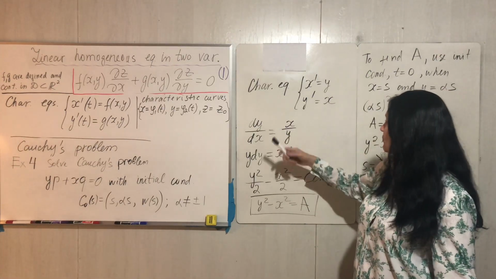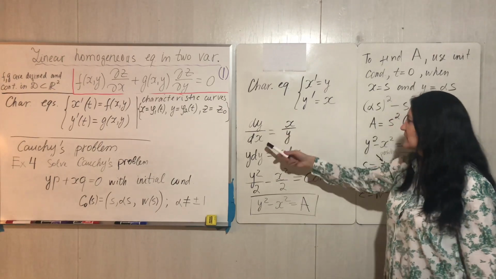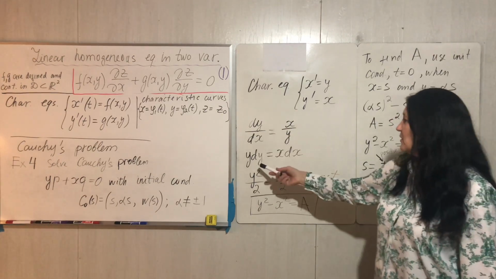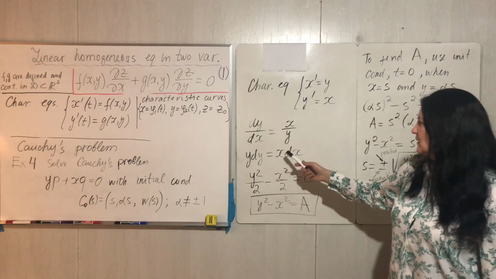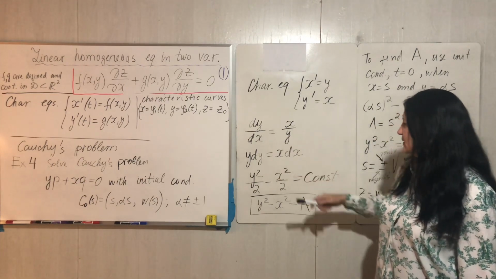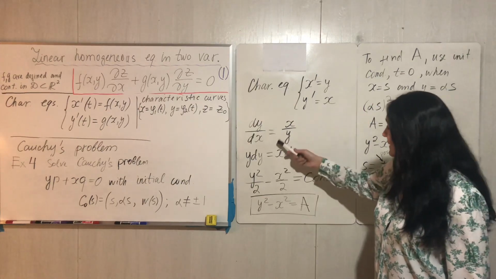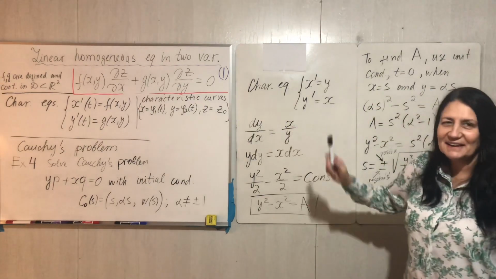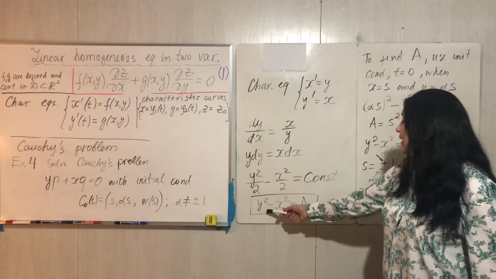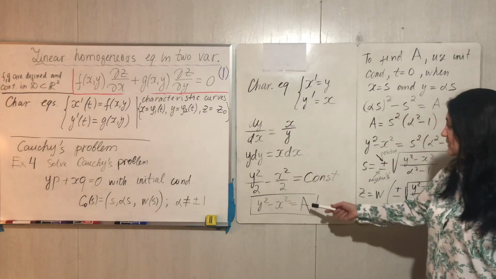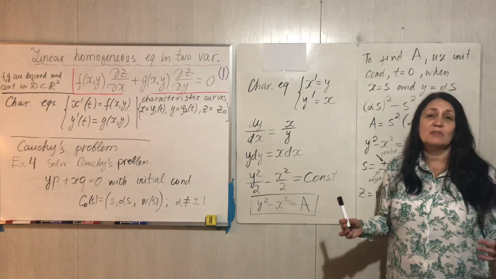So for instance, if y is not 0, dy over dx equals x over y, and then we multiply by y, multiply by dx, and then integrating, we get that y square minus x square equals a, where a is an arbitrary constant.